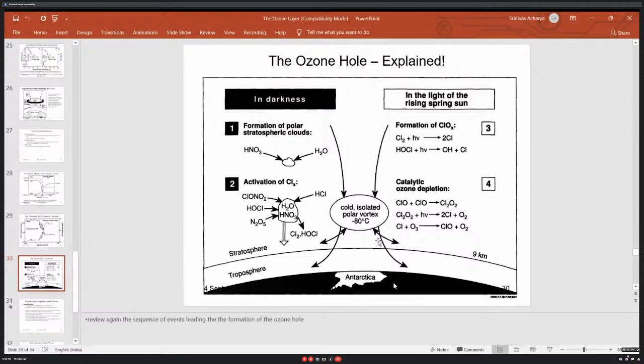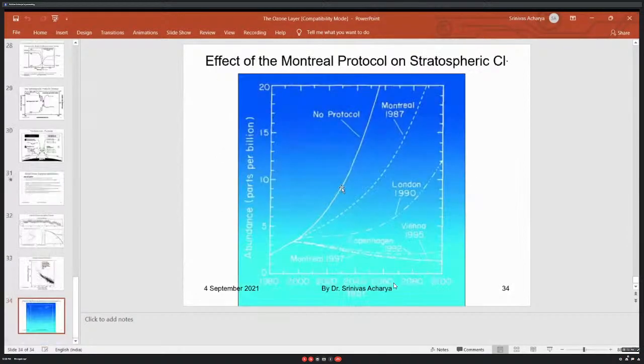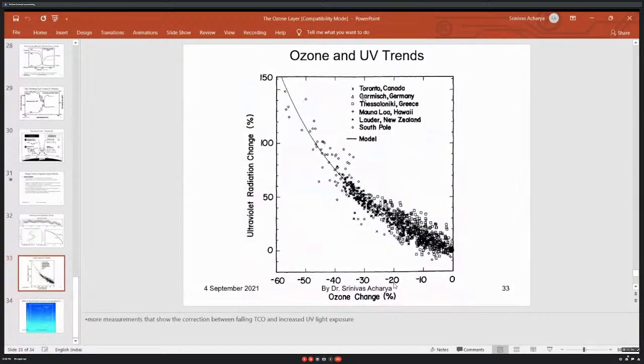And you can see this is almost at 9 kilometers of height or altitude, in the Antarctica region. So you already know about global ozone depletion and its scenarios, and this is the ultraviolet region and ultraviolet radiation and its changes, which will drive the ozone changes.